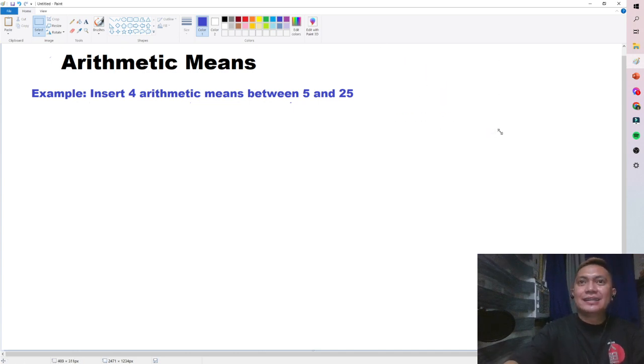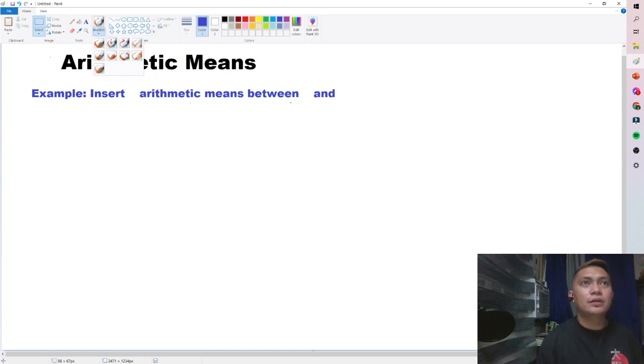Okay. So for another example, remove natin to, mag-insert tayo ng numbers.